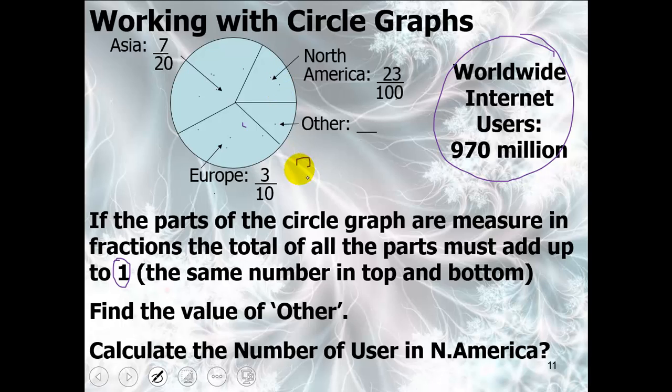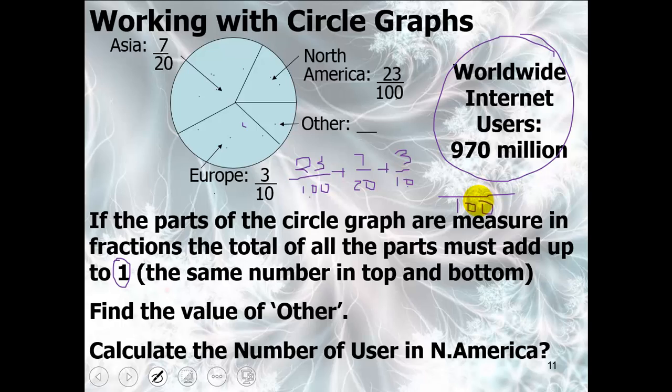So I have 23/100 plus 7/20 plus 3/10. Does 20 go evenly into 100? Yes. Does 10 go evenly into 100? Yes. So my common denominator is 100.